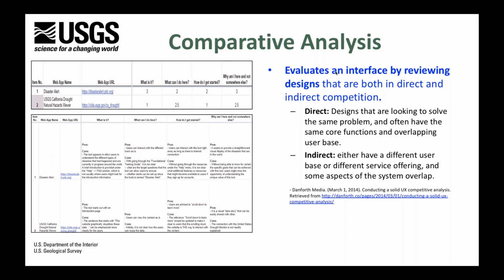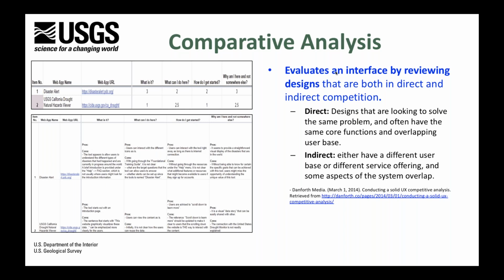In any case, comparative analysis is just a great way for us to review what other people are doing and reflect on how their solutions compare to our understanding or our vision of how we want to support our users.